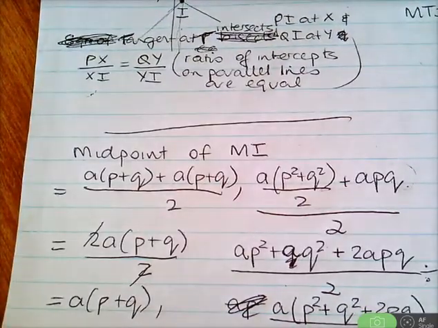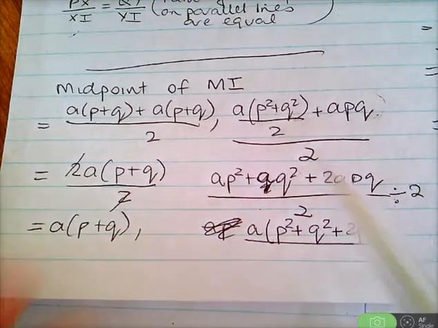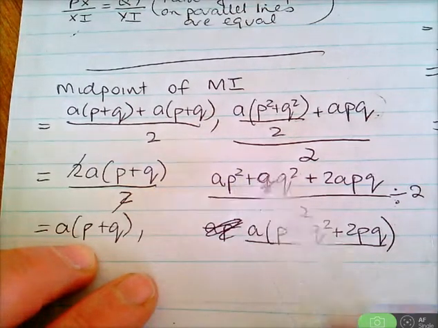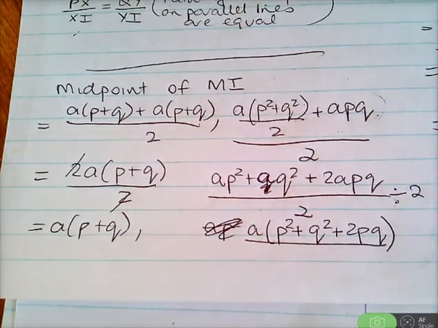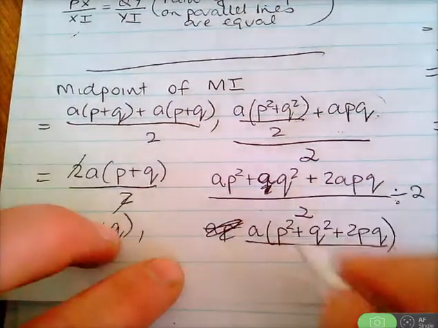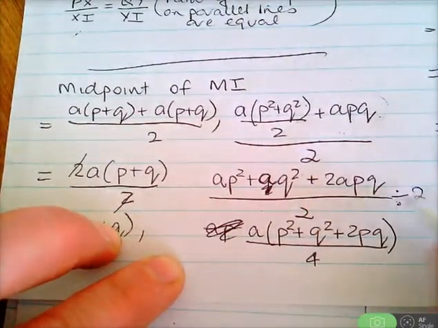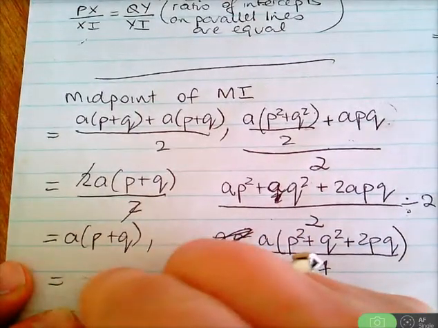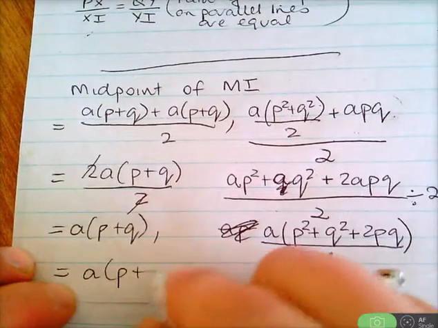What do I put this over? I just expanded that and made this with a denominator of 2. Yeah, so it's all over 4. Because it was all of that over 2, then divided by this 2, which is the same as times a half. So, I've got A bracket P plus Q.